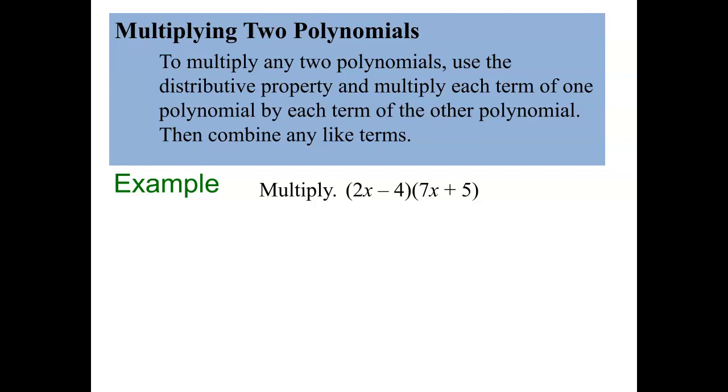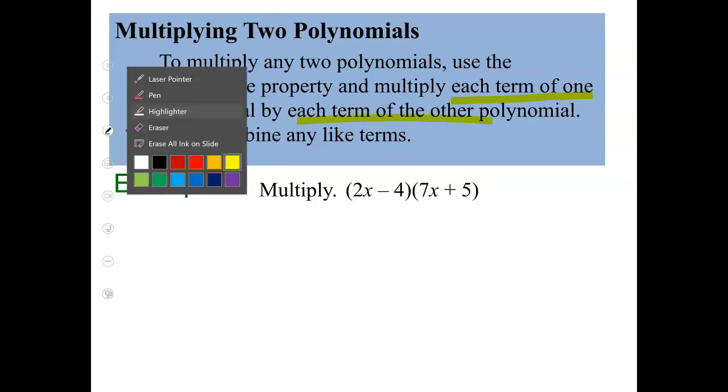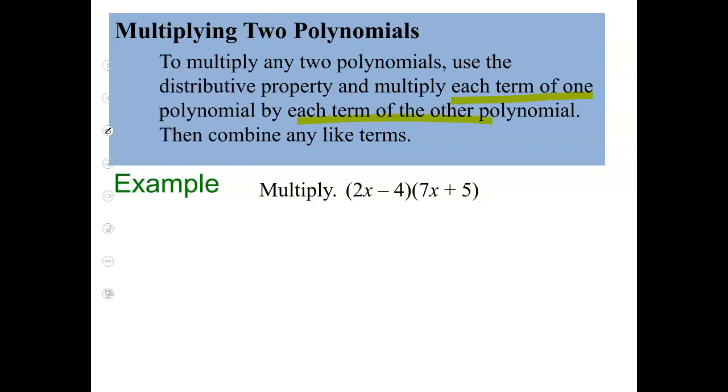And again, we are multiplying each term of our first one by each term in the other, okay? So distributive property. Now I'm just going to get out of the way. Who's heard of the term FOIL? Okay, if you have, that's what we're doing. I'm not going to bring it up again because it only works with binomials and we're not doing just binomials. But that's the idea, okay?